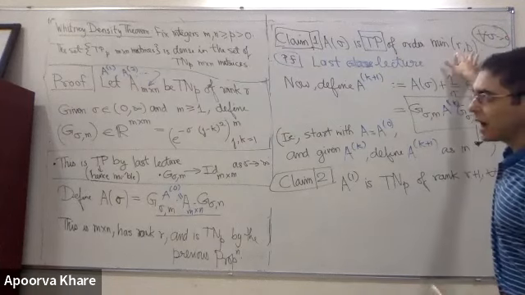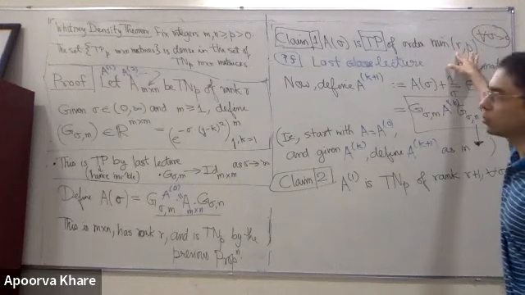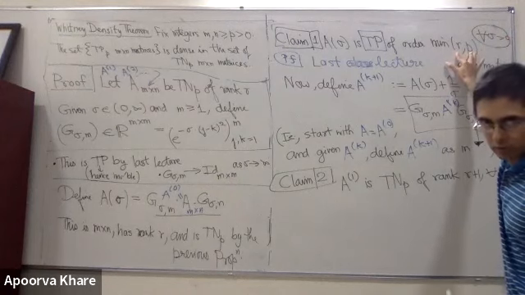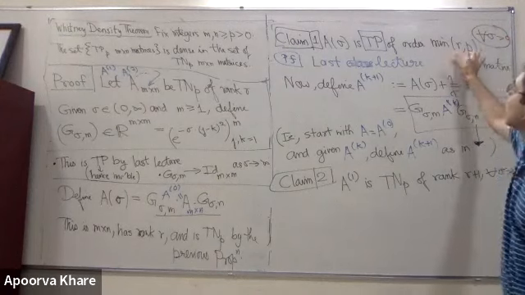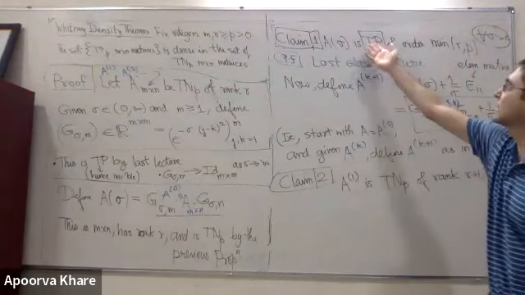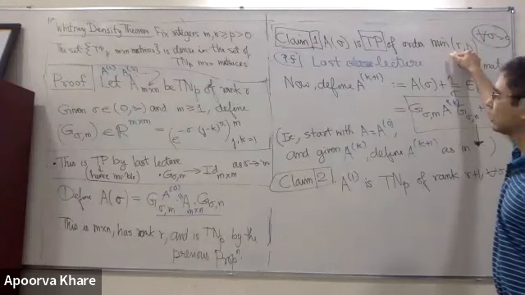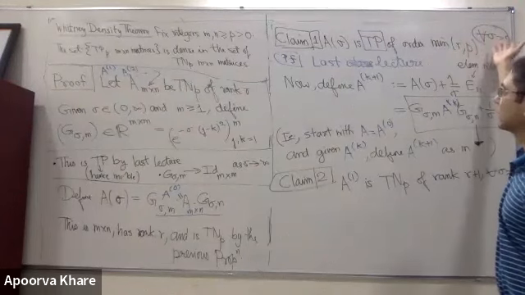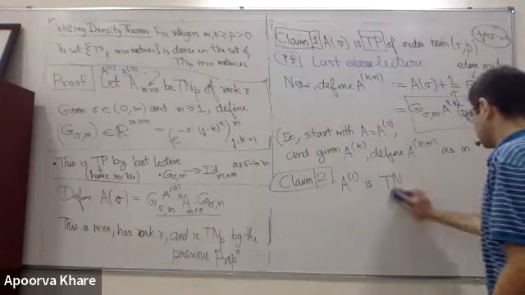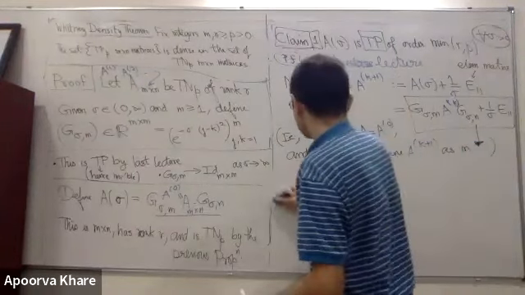So suppose my R, suppose the rank was already equal to P. Then I'm already done, right? Because then this is a matrix which is TP of order P for every sigma. So maybe that's actually what I should have first said, before I did this thing.